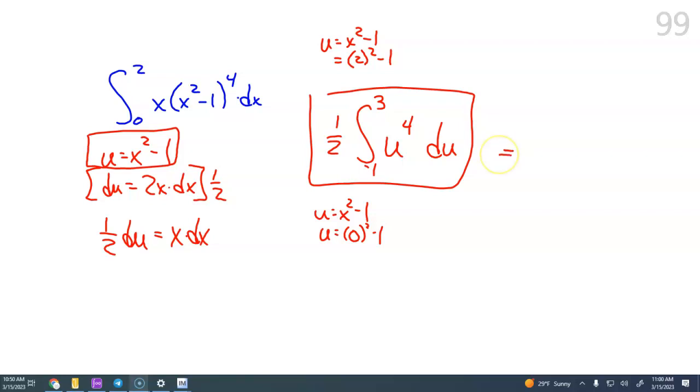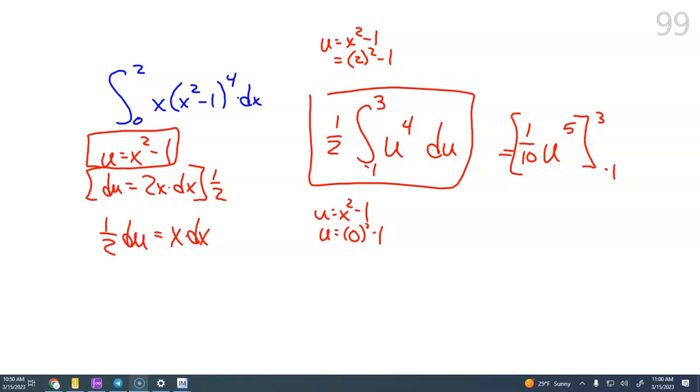So we integrate. Add 1 to the power. Multiply by the reciprocal of the new power. What's the reciprocal of 5? 1/5 times the 1/2 in front is 1/10. You'll have from negative 1 to 3. And then do we remember what to do with those?